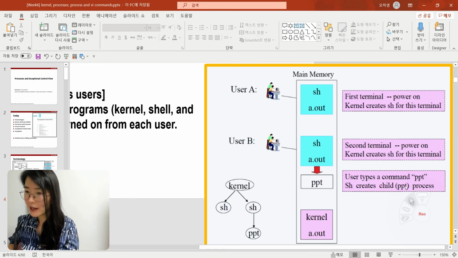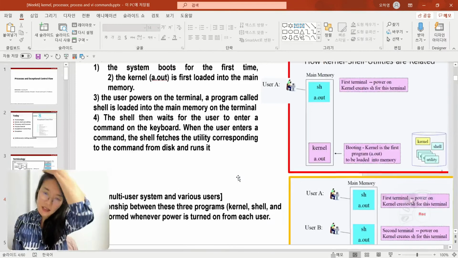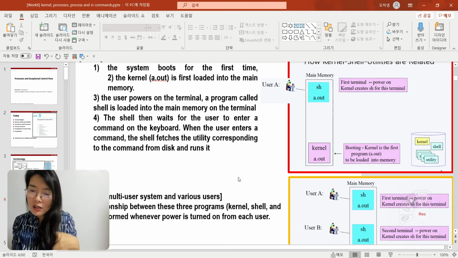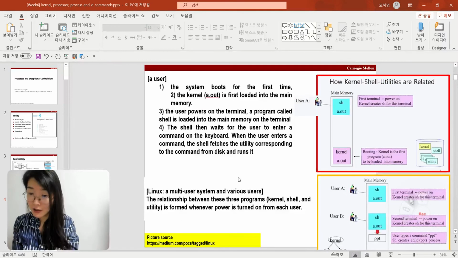The child process concept will be covered in detail in the next slide, so don't worry about it. The new terminology is the child process, and this concept can be expressed with this style of figure. All right, so in these slides we talk about what the kernel, shell, and utility are.